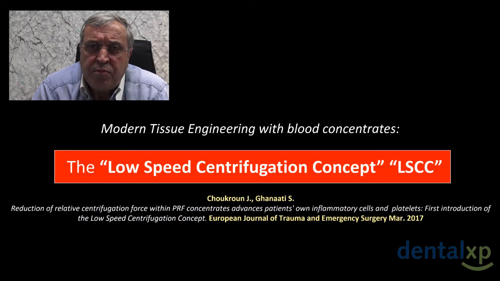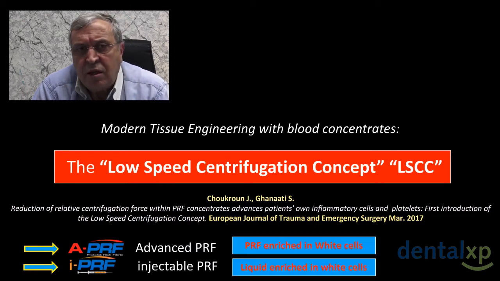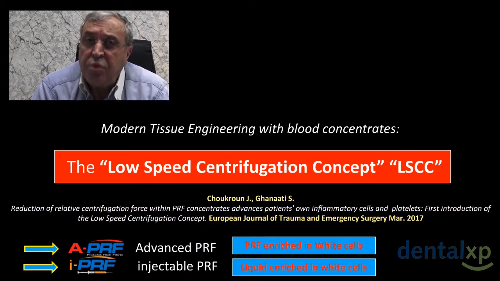This is the low-speed centrifugation concept, the LSCC. We just published this month the paper creating this concept, the LSCC. And this is how I designed the new protocol: Advanced PRF, which is just a PRF enriched in white cells, and the iPRF, which is a liquid enriched in white cells.